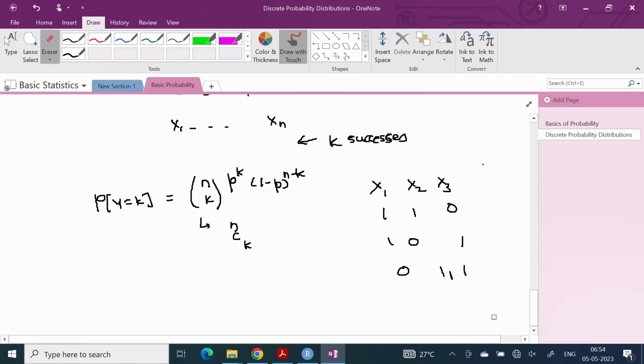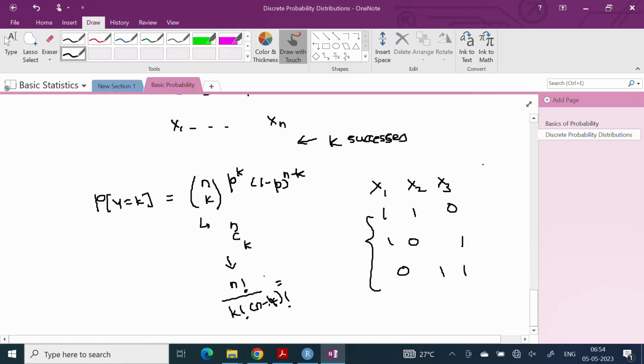So the number of ways in which these two successes can be arranged is the same as choosing any two xi's out of 3 to allot success. So same story here. We are choosing any k out of n, and the formula for this is n factorial upon k factorial into n minus k factorial.